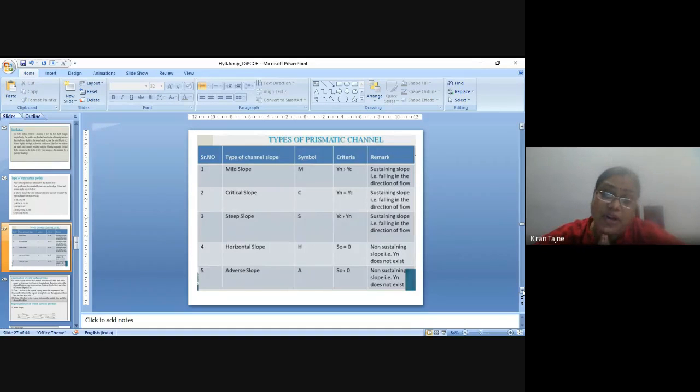And for adverse slope, the bottom slope S0 is less than 0. Less than 0 means it is again a non-sustaining slope. It is rising in the direction of flow. So depending upon these levels, critical depth, normal depth, and actual flow, there are 3 zones.